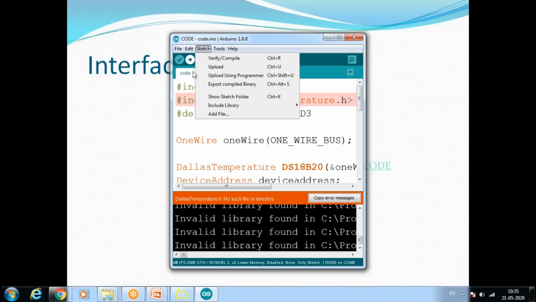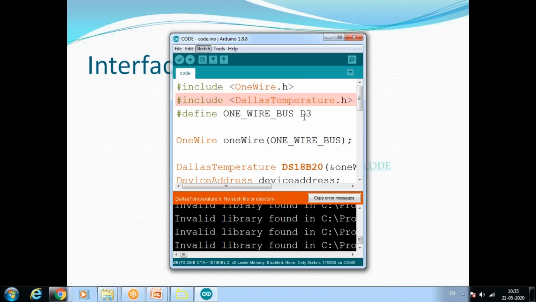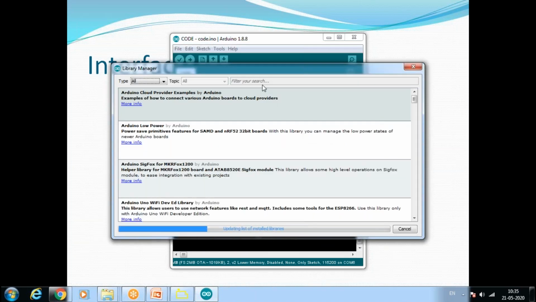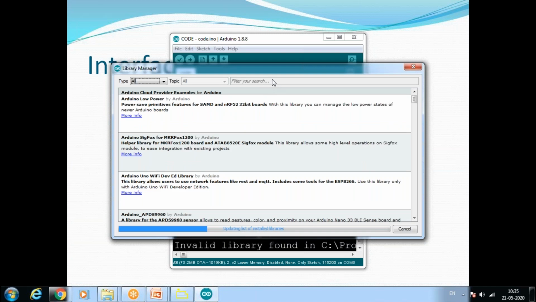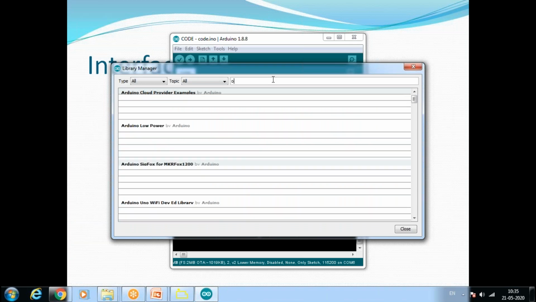Then again, next I have to install the OneWire library.